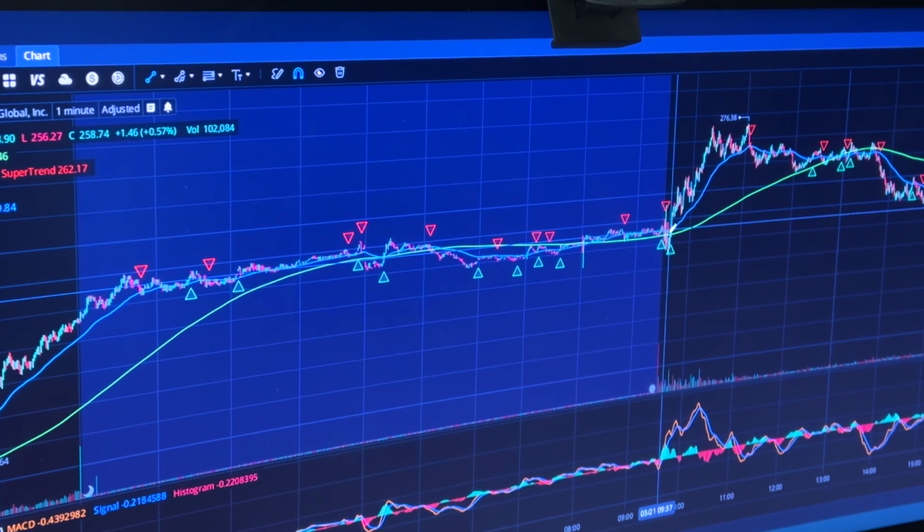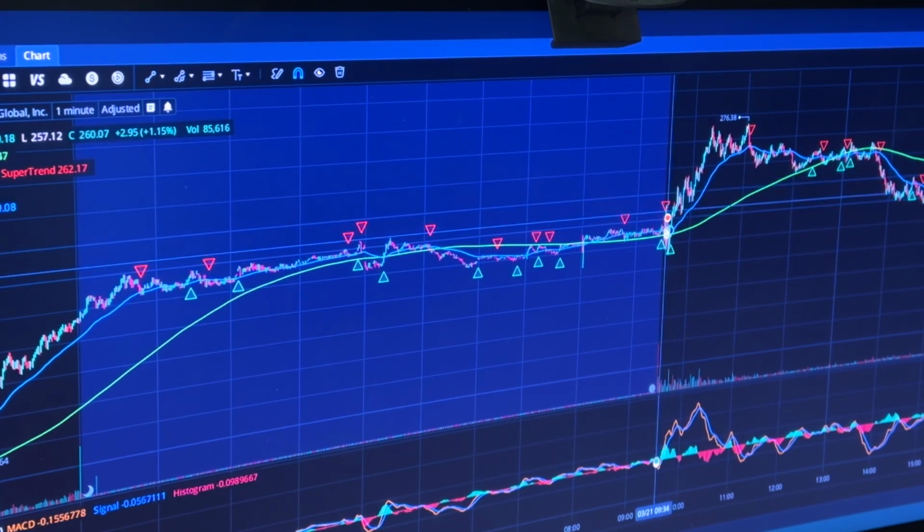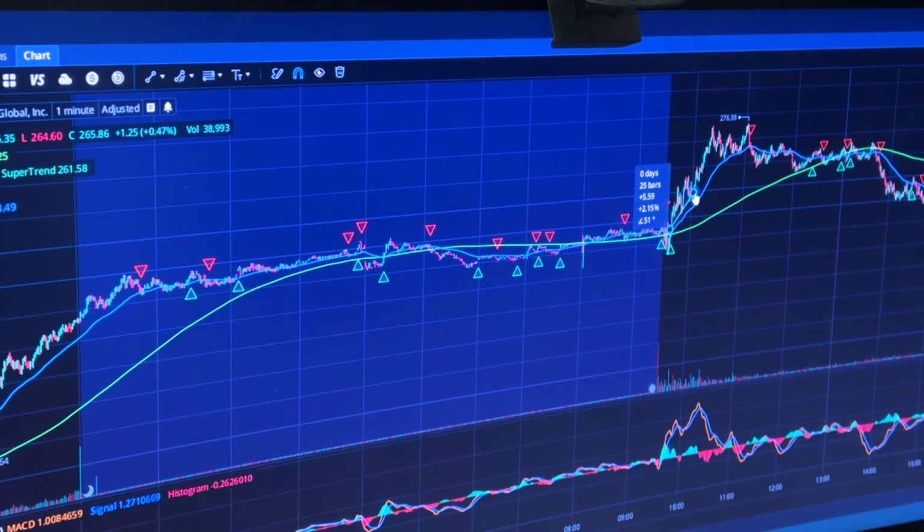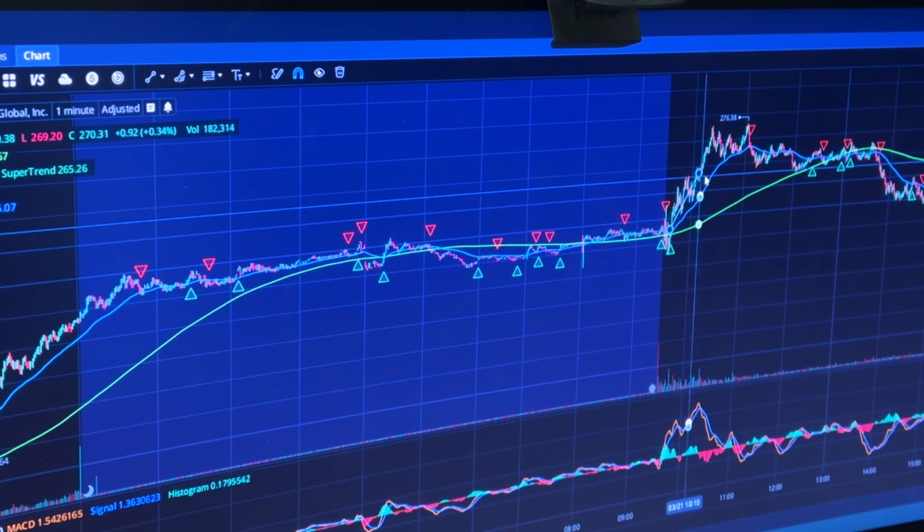From here, you drag it. That's about 6%. But let's just pretend you wanted 3% or 2%. If the stock is running, let it run. So it's important that you look at the direction.